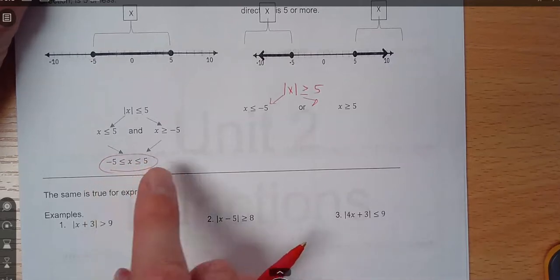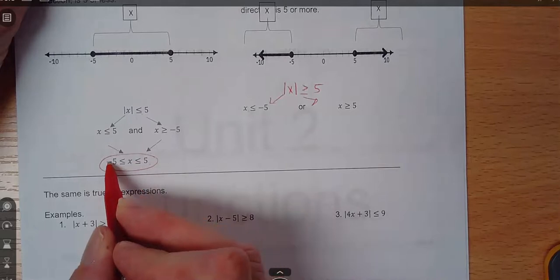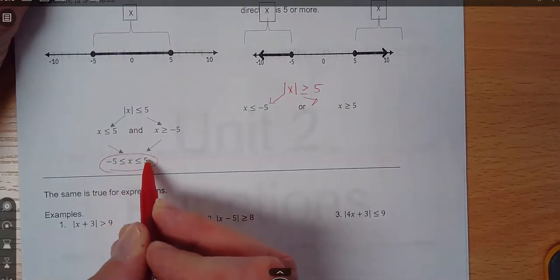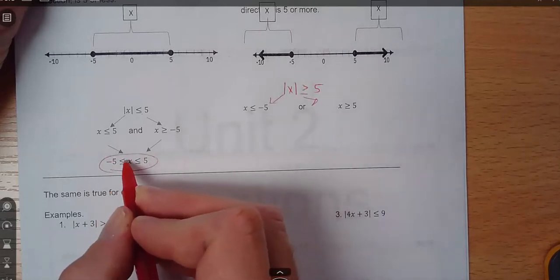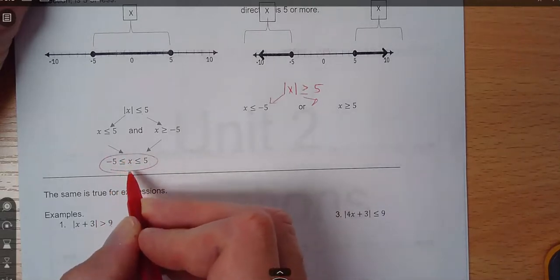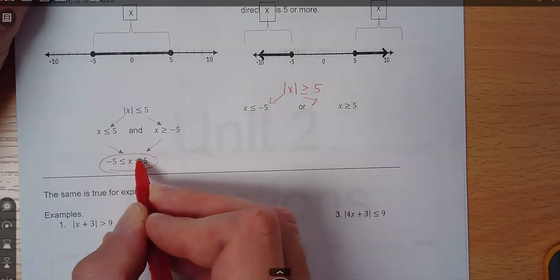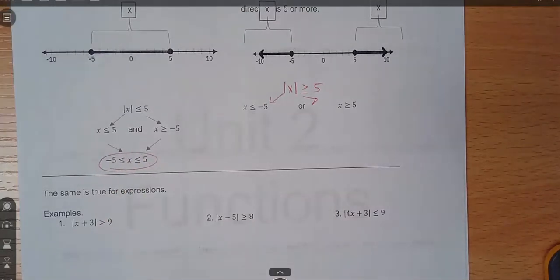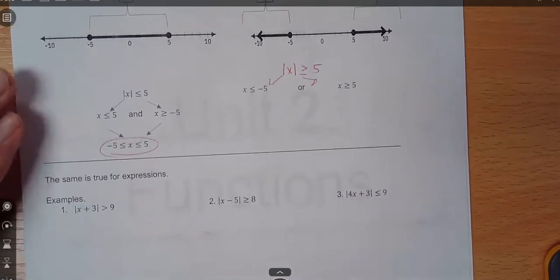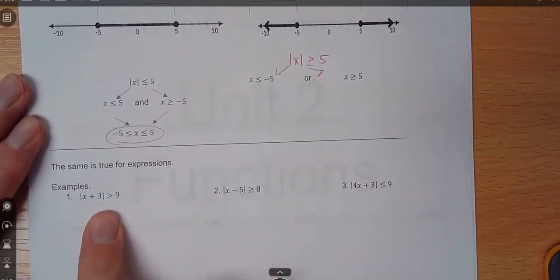It has two inequalities in one. x is greater than -5 and it's less than 5. So it meets both requirements.